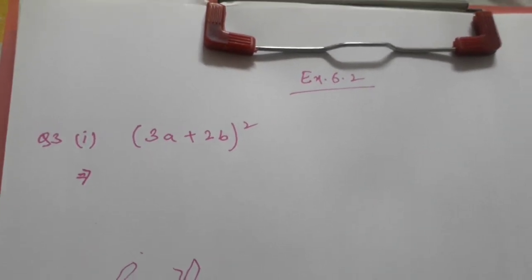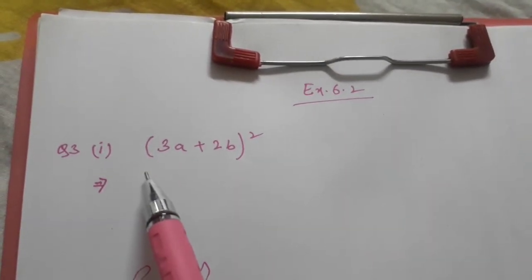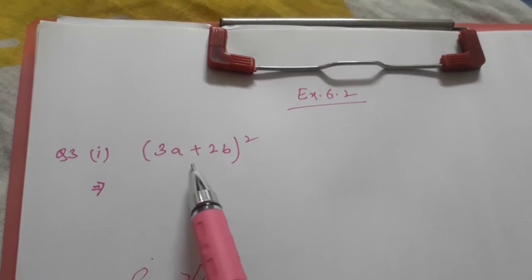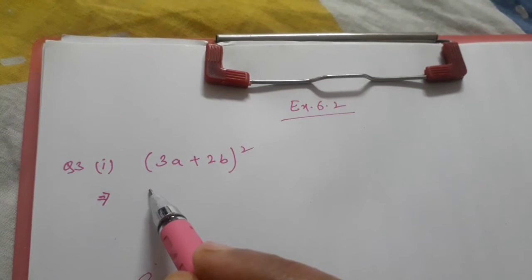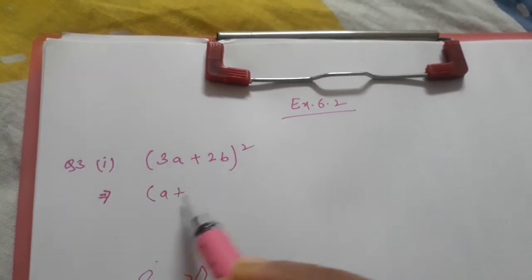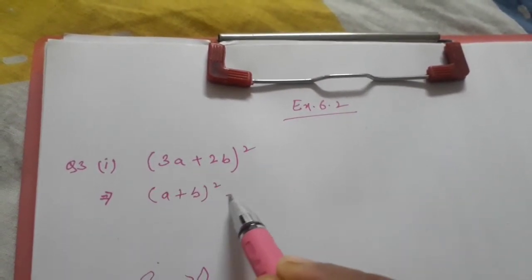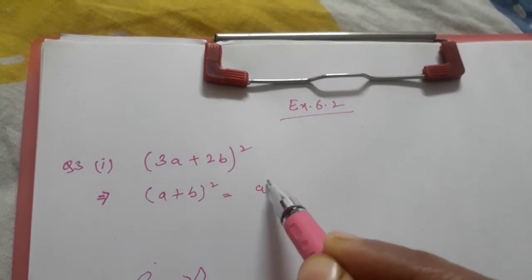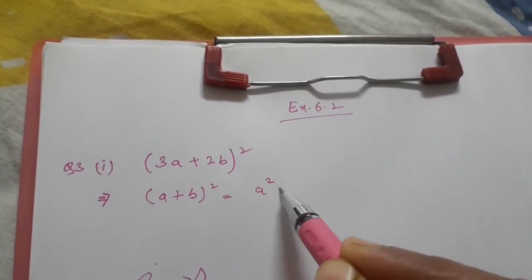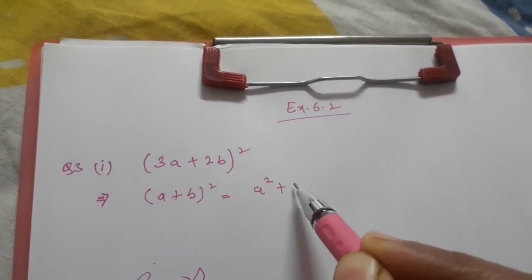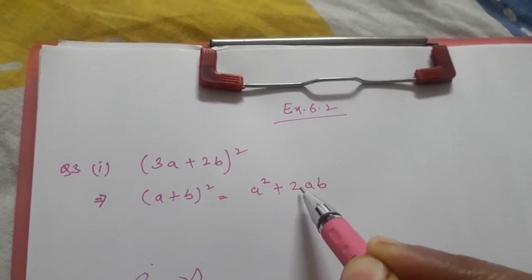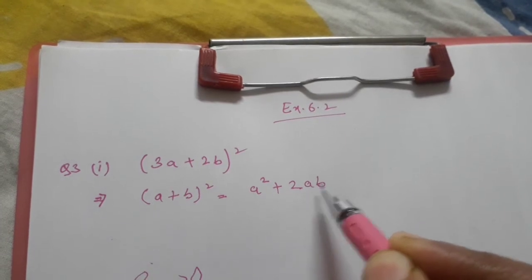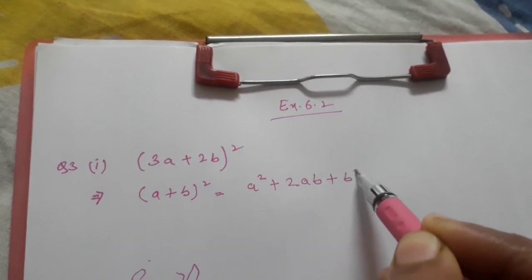So in question number 3, first part, 3a plus 2b whole square is given to us. Which identity will we put here? I will write the identity so that it becomes easier to understand. A square plus 2ab, 2ab means 2 is getting multiplied with a and b, plus b square.